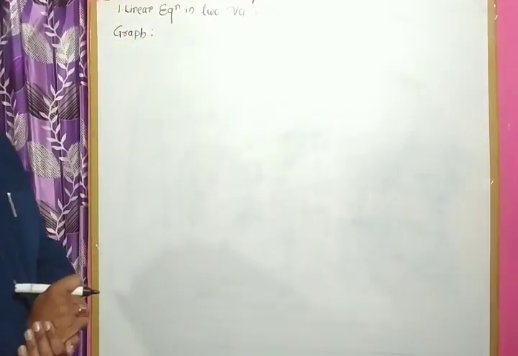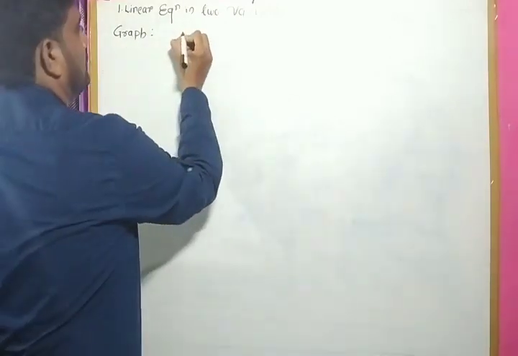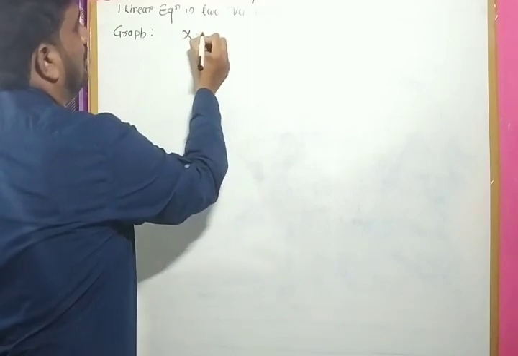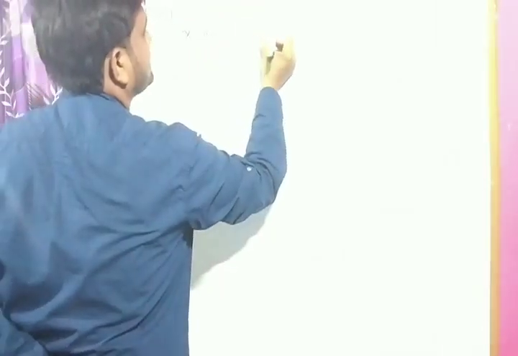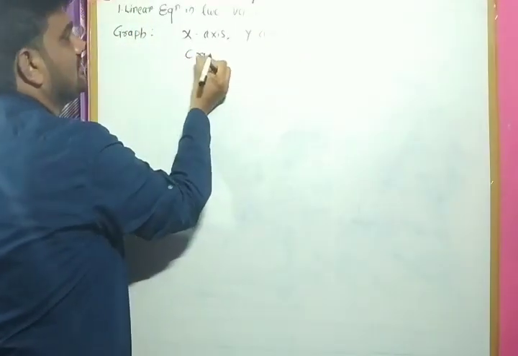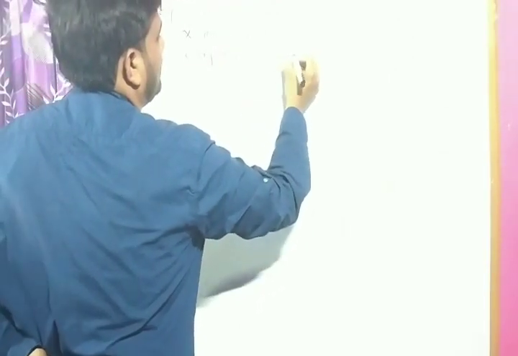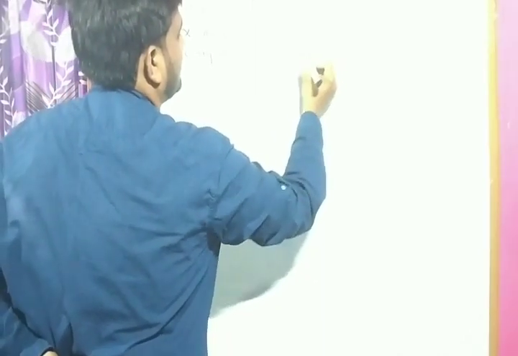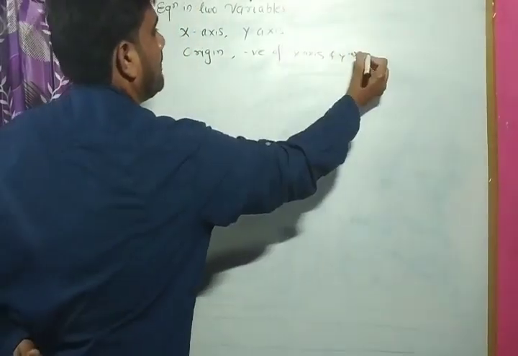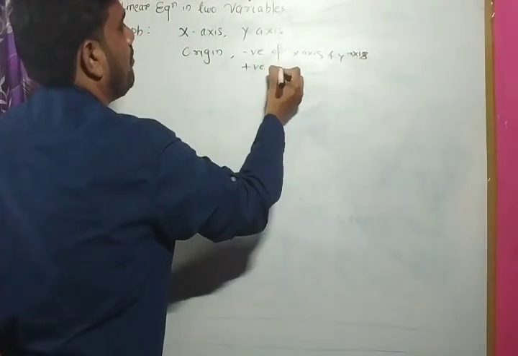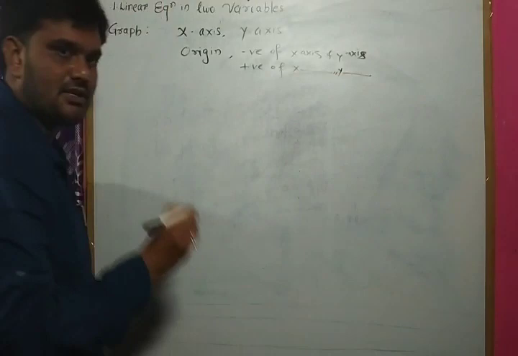When you see the word graph, you may have in front of your eyes the x-axis, y-axis, origin, the negative sides of the x-axis and y-axis, and the positive sides of the x and y axis, right?